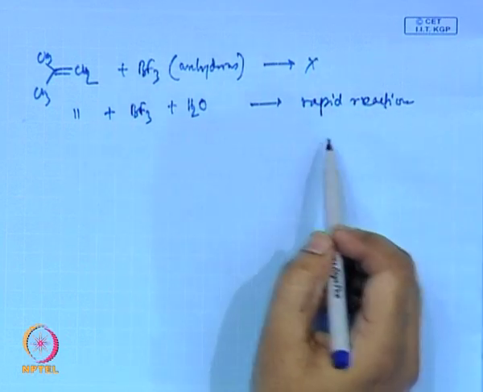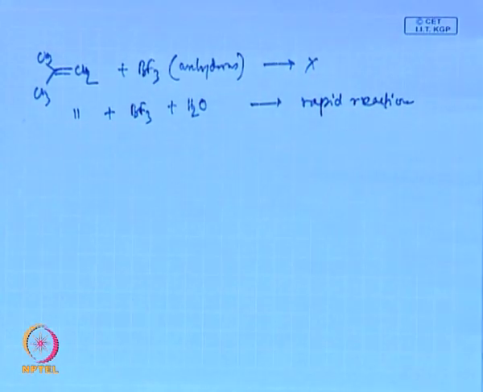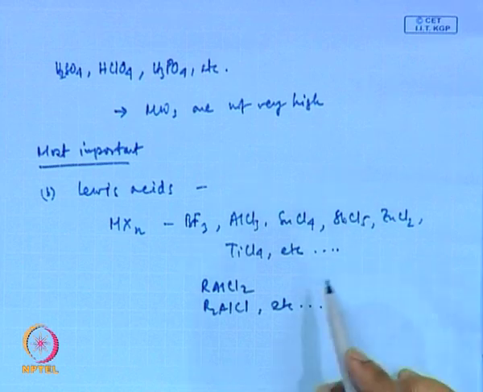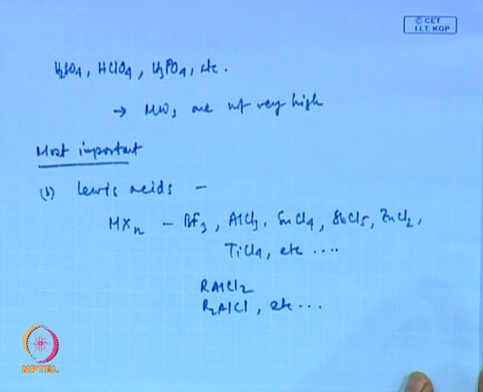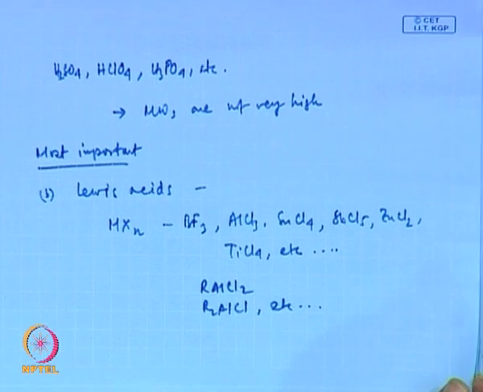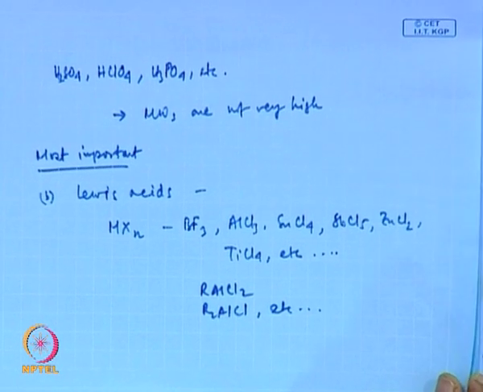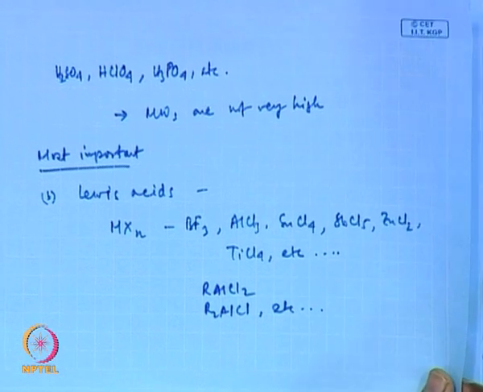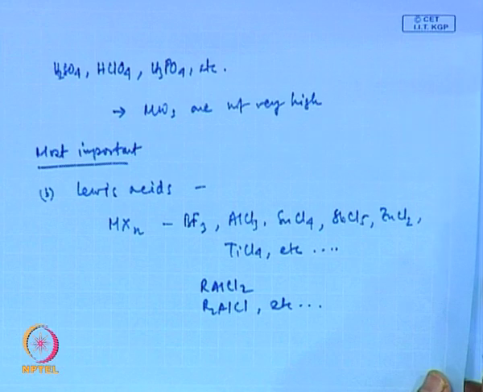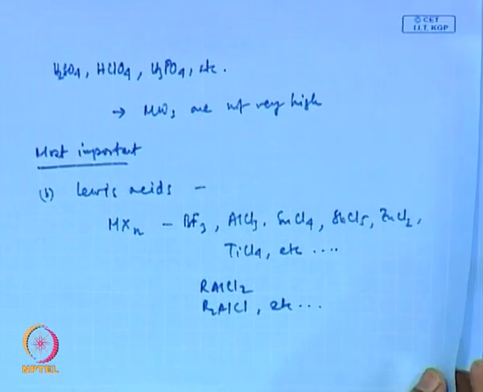This example shows that these Lewis acids are often used along with a second catalyst or co-catalyst, which can be water molecules or some other molecules. We will give examples in a few minutes.